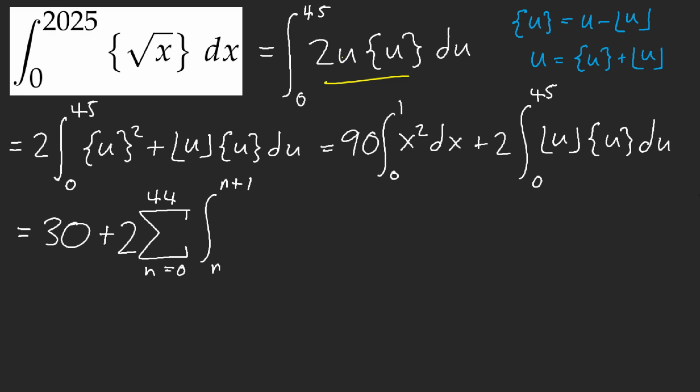Here, we have a u, a variable, so we had to actually integrate with it. That's the only difference. Here, this is technically a constant, and the reason why I say that is because when we turn it into a sum right here, what is this now? This is just n. That's just a constant now. Here we have the fractional part is u minus n. Do you see the difference now?